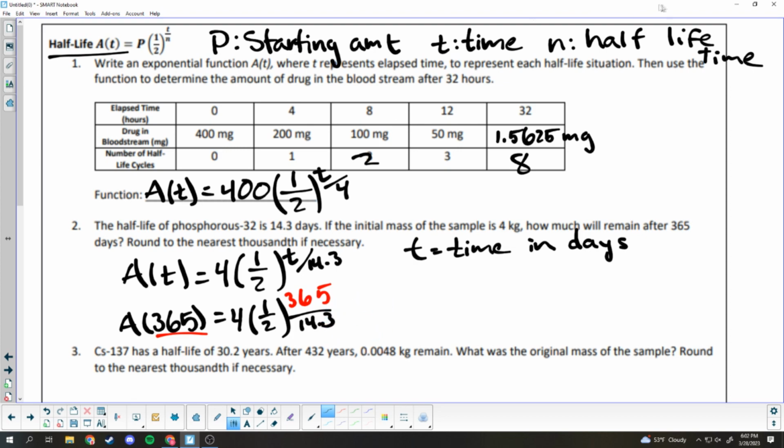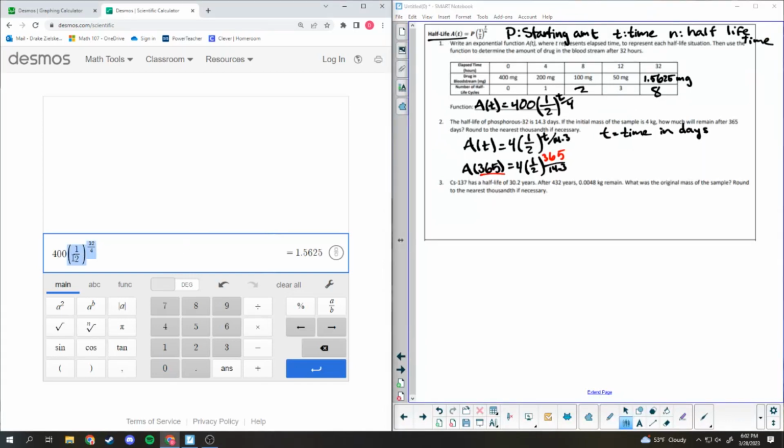Let's go back to Desmos. So in this case, our starting amount is 4 kilograms. Our exponent is 365 divided by 14.3, which is very, very small.